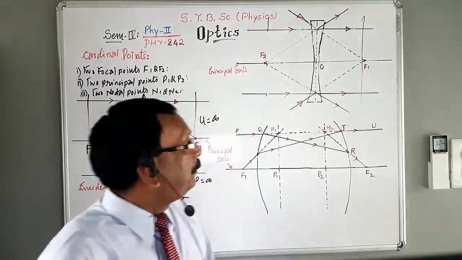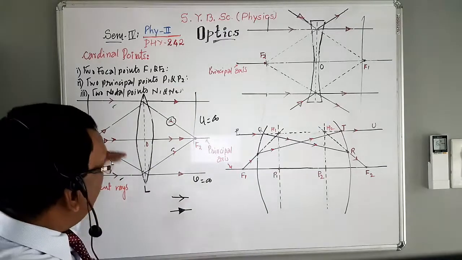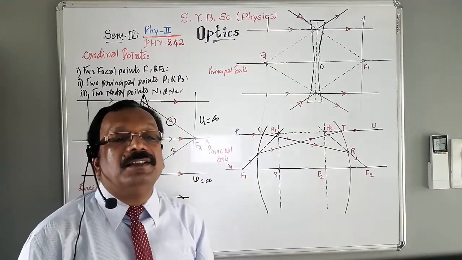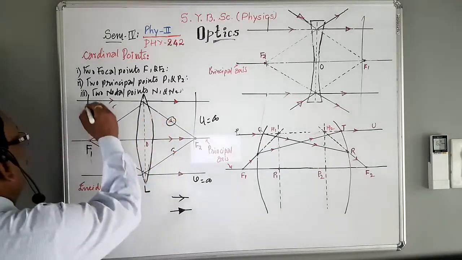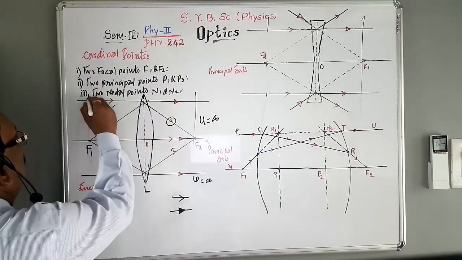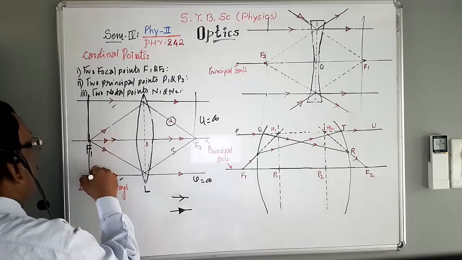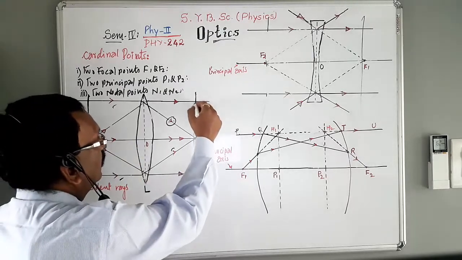Now the plane passing through the focal point and perpendicular to the principal axis is known as the focal plane. Suppose this is the first focal point, and we draw the plane passing through this focal point and perpendicular to the principal axis.